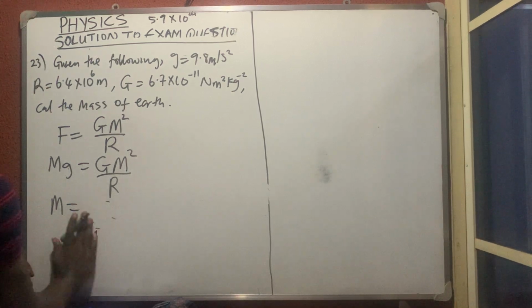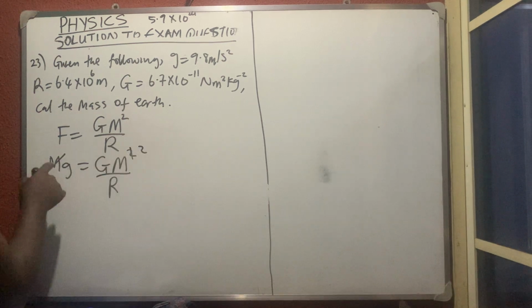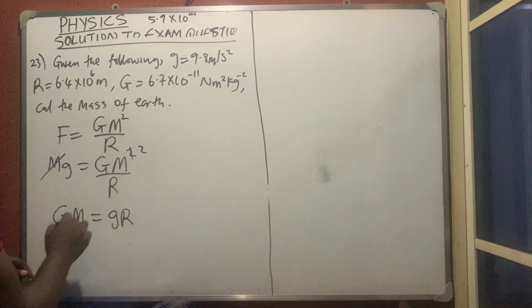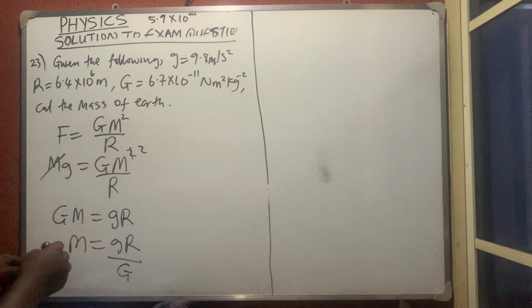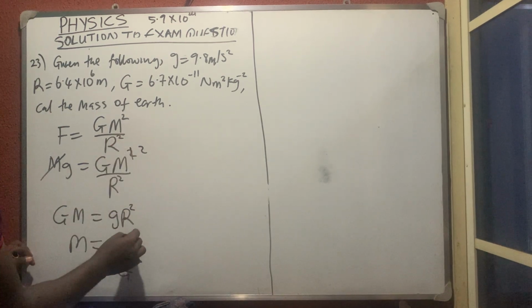If this cancels one of these, so I'm having cross multiply. I'm having that Gm is equal to Gr. So my M is equal to Gr over G. So Gr squared, so there's squared here. So Gr squared over G.